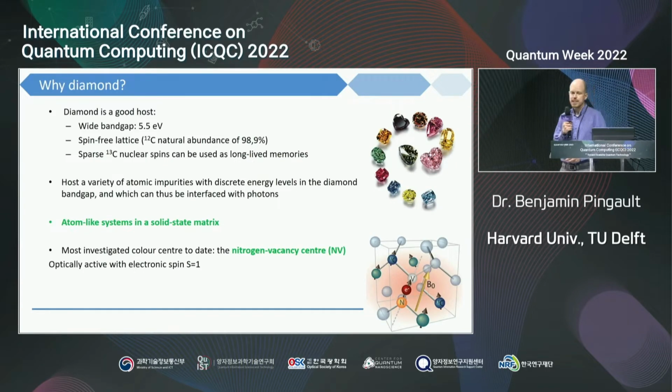So far, the most investigated color center in diamond to date is the nitrogen vacancy center. Within the carbon matrix, you remove two neighboring carbon atoms and replace them with one nitrogen atom sitting at one of the carbon sites. It has been so popular because it possesses an electronic spin 1 and is optically active.